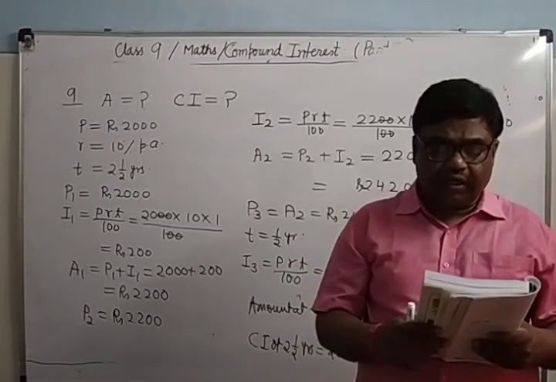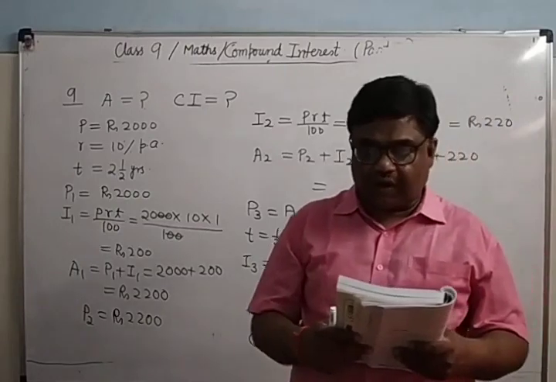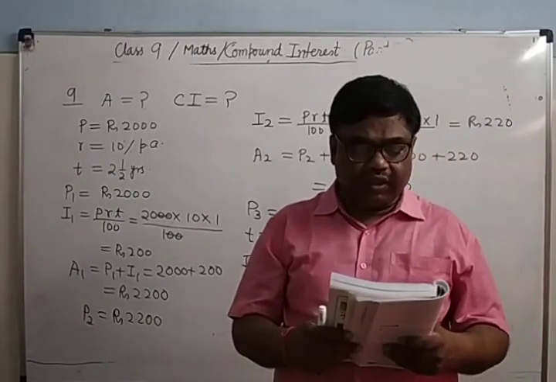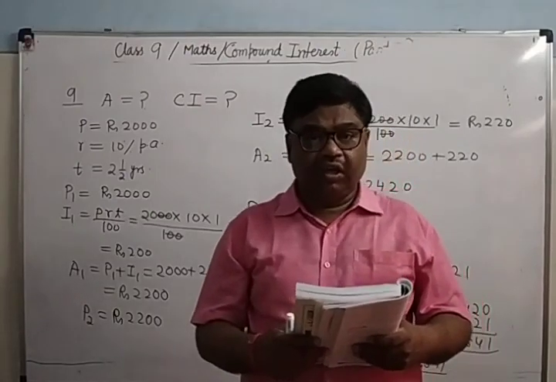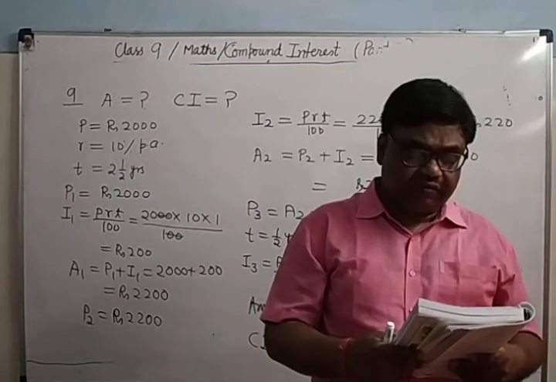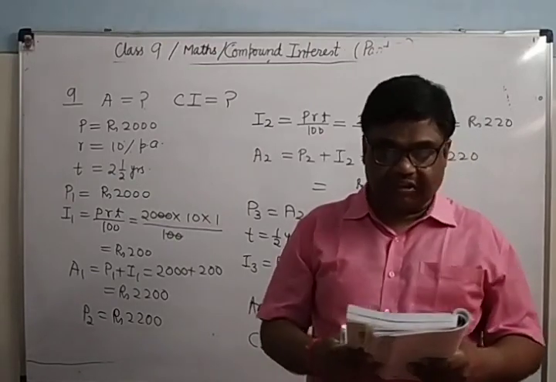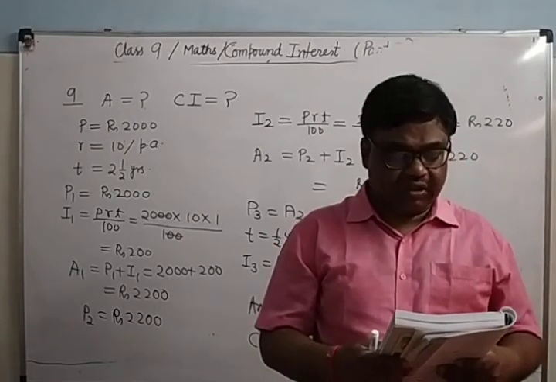Calculate the amount and compound interest on rupees 5000, means P1 equals 5000, in 2 years, when the rate of interest for successive years is 6% and 8%. Means when you calculate for the first year, the interest rate will be 6%. For the second year, the interest rate will be 8%.